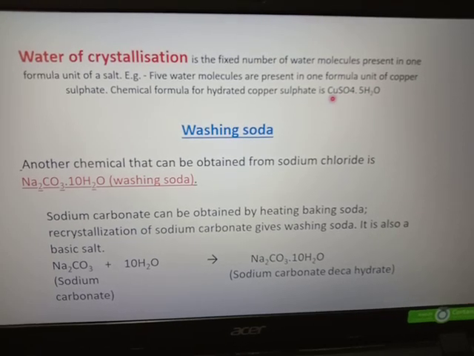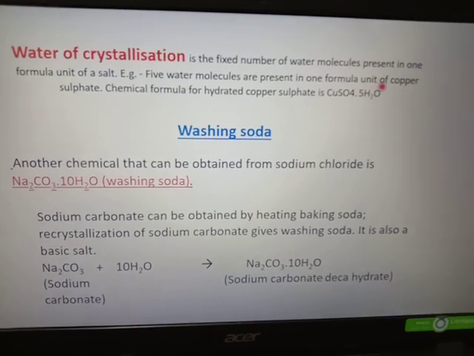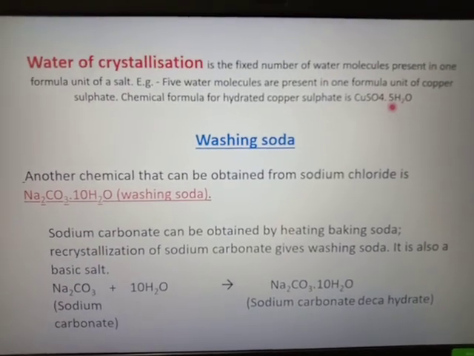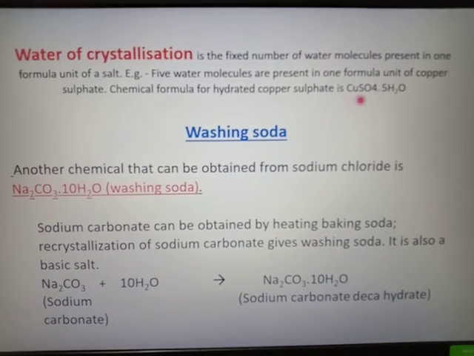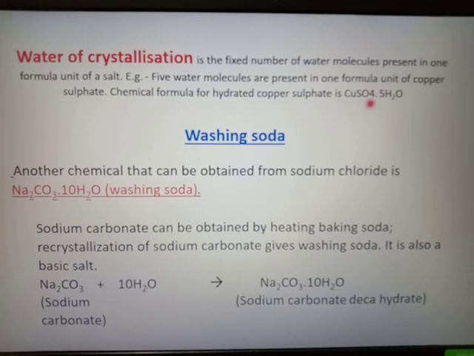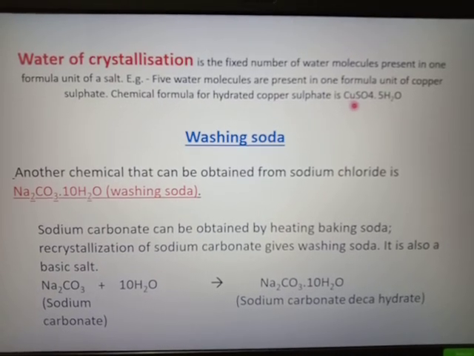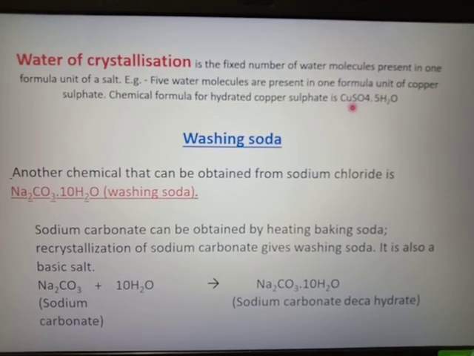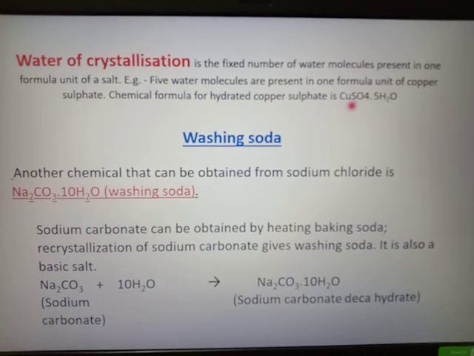For example, copper sulfate with water molecules is blue in color, and when on heating this compound in a test tube, these 5 molecules of water will be evaporated and the compound which is remaining behind in the test tube is called anhydrous compound, and the color of this anhydrous copper sulfate is white.